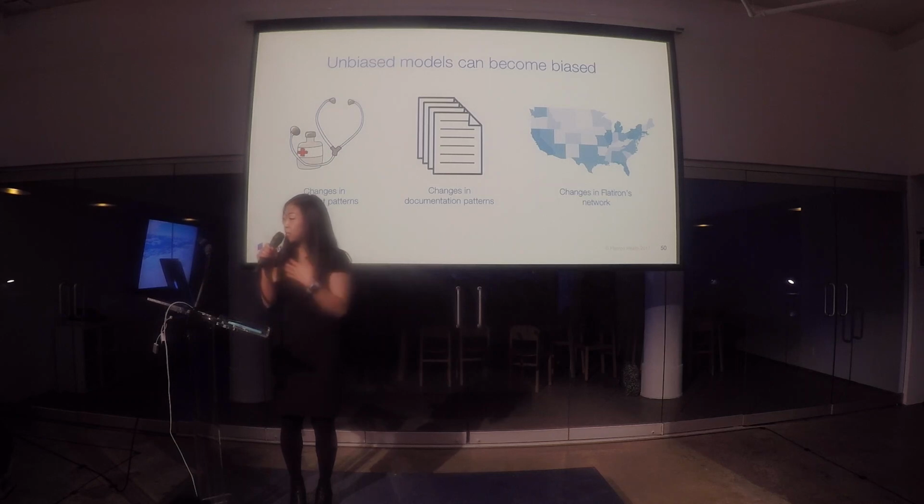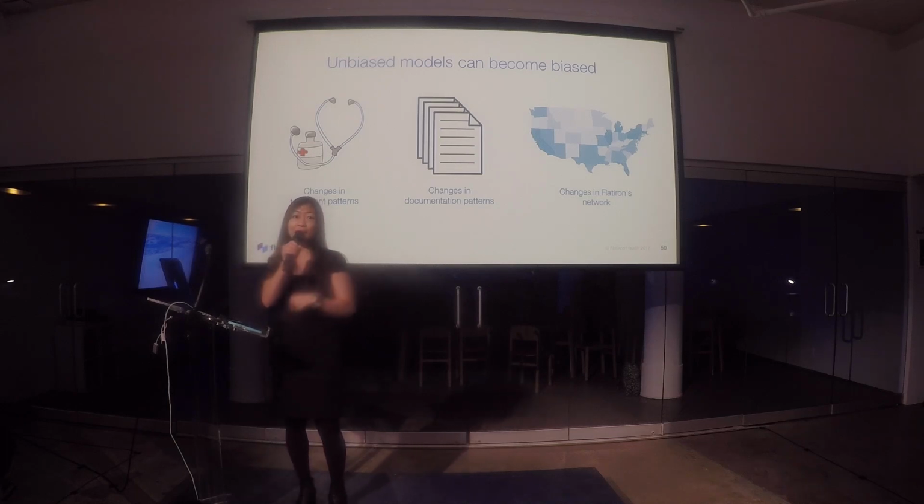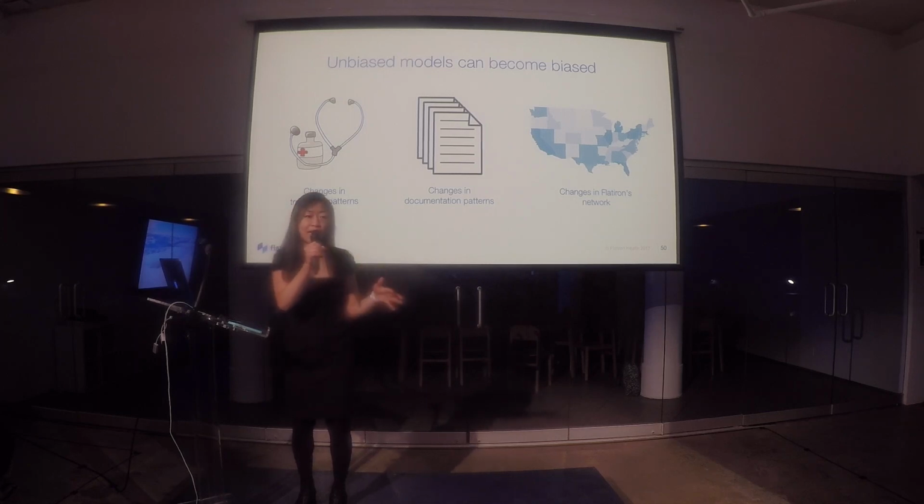This allows us to capture three different kinds of changes that we might see in the real world. There might be changes in treatment patterns, changes in documentation patterns, and changes in Flatiron's network. To give you a more concrete example, let's say in 2019, a new drug is approved for treating metastatic breast cancer. And all of a sudden, everyone who has metastatic breast cancer is being treated with this new therapy.